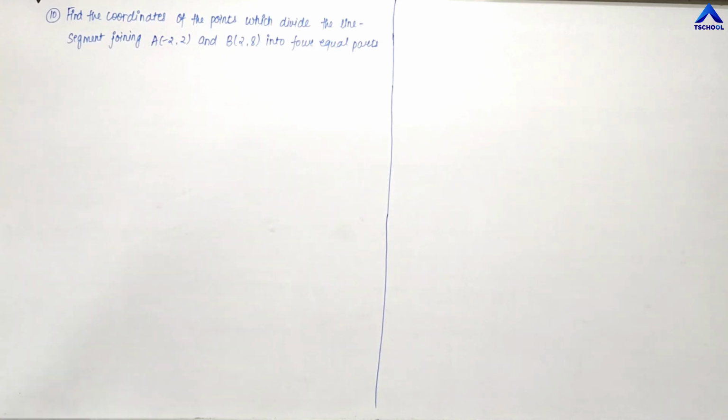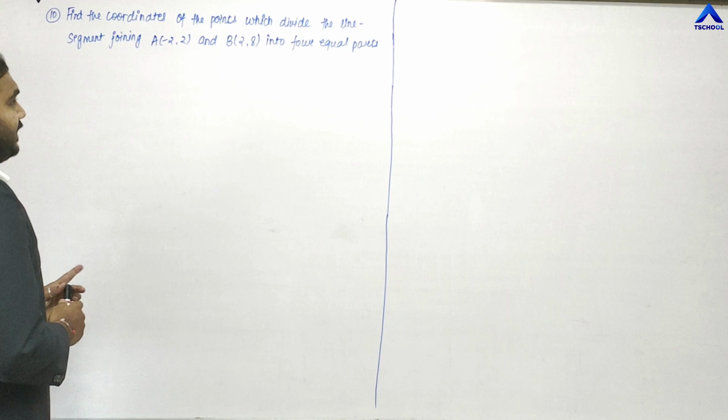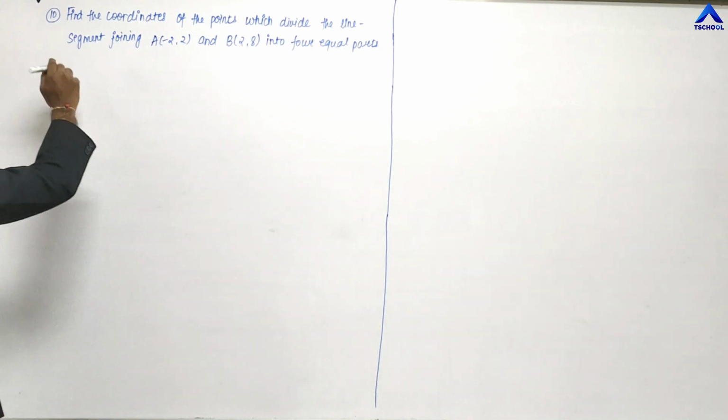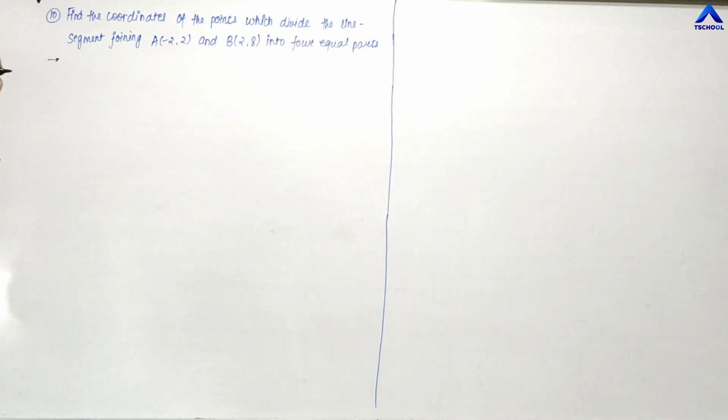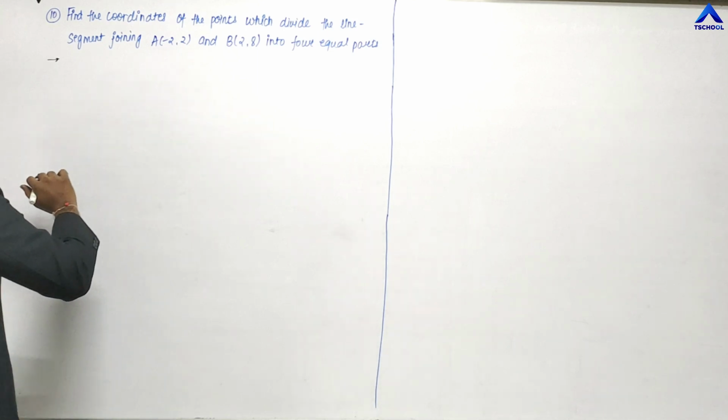Okay, so friends, here you can see that we are having a line segment AB with the coordinates of A and B given to us, and we need to divide this line segment into 4 equal parts, and also we need to find out the coordinates of those points of division.